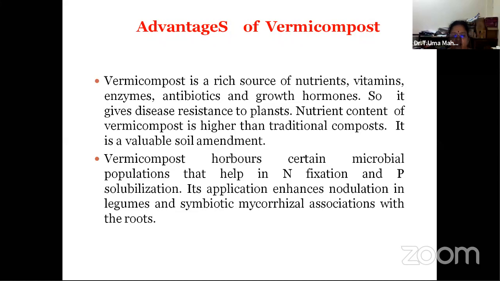In addition, in pulses and legumes, they produce good nitrogen bacteria, also rhizobium, which improve the nitrogen fixing capacity and supply it to the roots. This is why we apply vermicompost to any of the crops. We can use it and get a healthy food material under natural conditions.